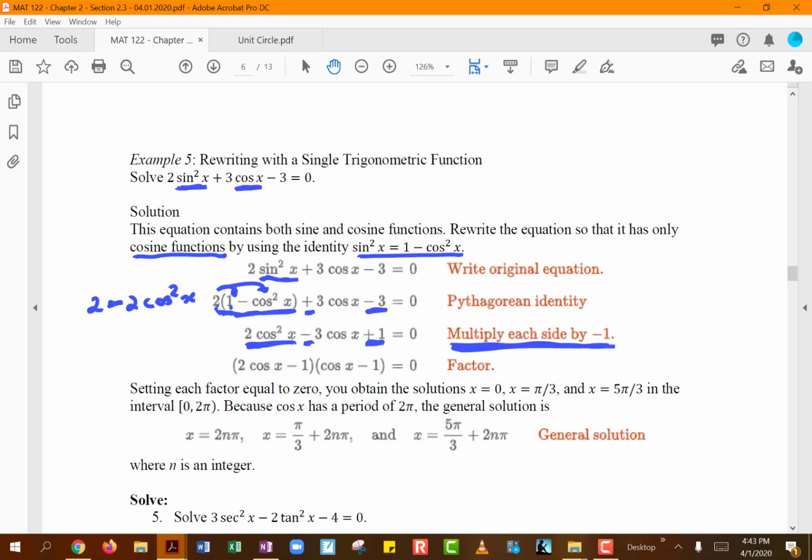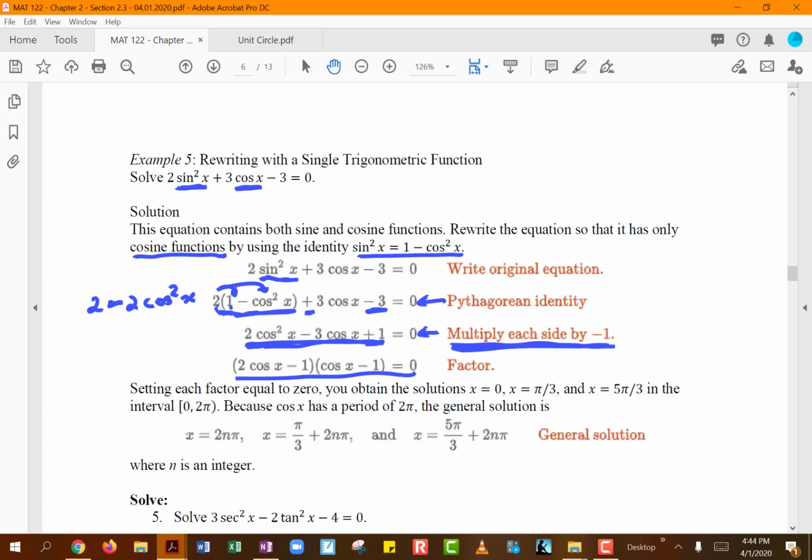So if you want to get a feel for it, go ahead and simplify this on your own and see how we go from this step here to this step here. Okay?